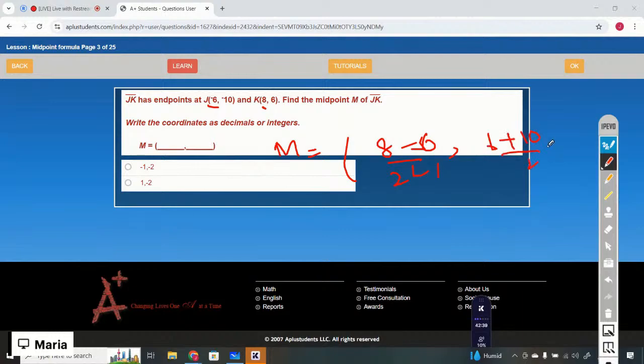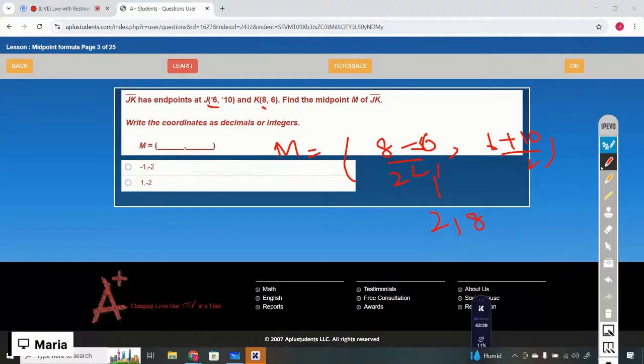And 6 plus 10 over 2. 6 plus 10 is 16. 16 over 2 is 8. That must be 8. We have a different answer.